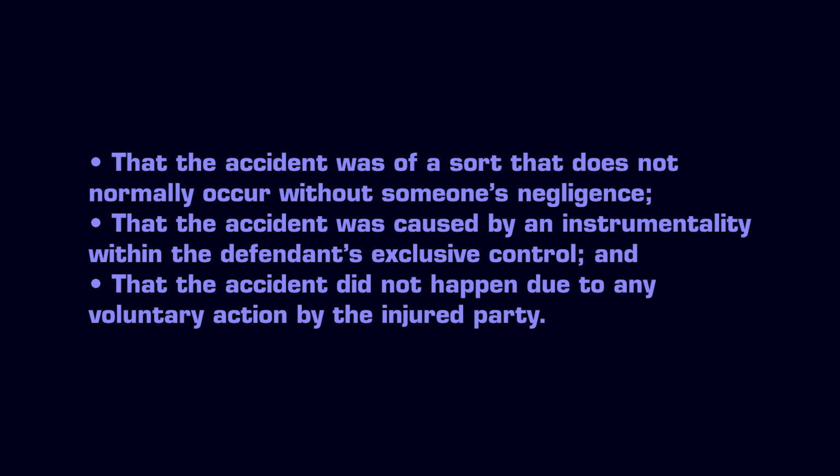Second, that the accident was caused by an instrumentality within the defendant's exclusive control. And lastly, third, that the accident did not happen due to any voluntary action by the injured party.